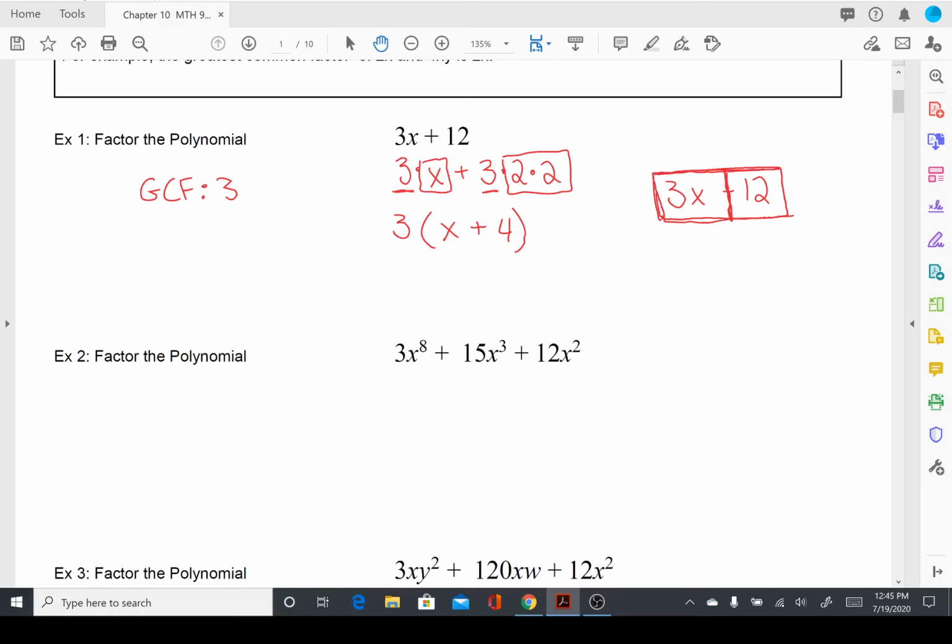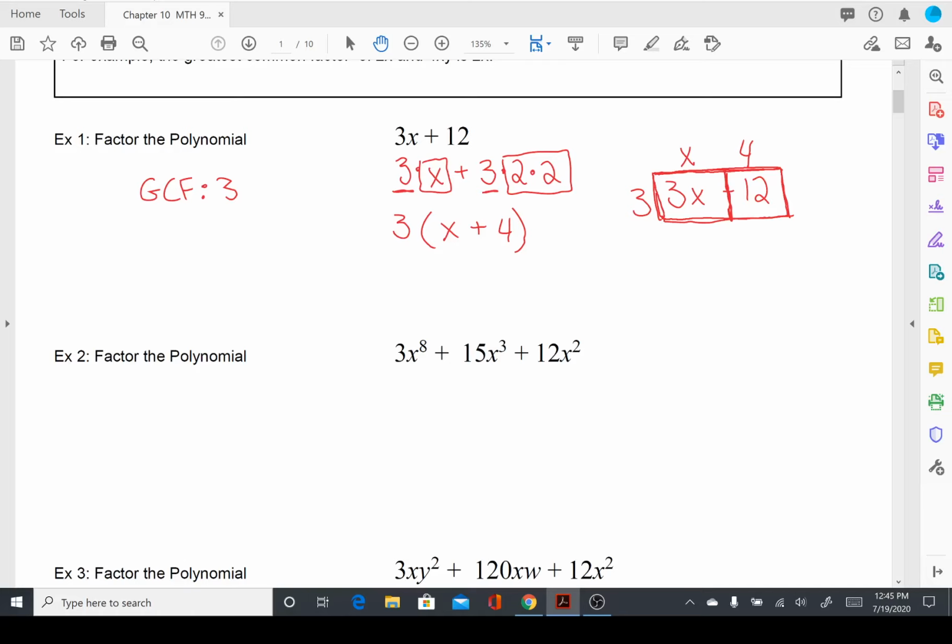So you've got to think, what's the number that they had in common? The 3. And what are the things that are missing in order to make the 3x? In that case, it's just an x. 3 times what makes 12? The 4. So this area box model also gives you the same answer, different process.